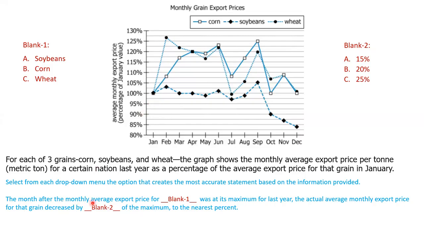The month after the monthly average export price for dash was its maximum for the last year, the actual average monthly export price for that grain decreased by dash percentage of the maximum to the nearest percent.